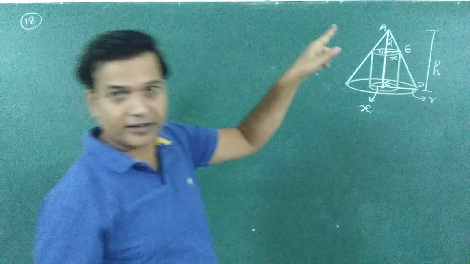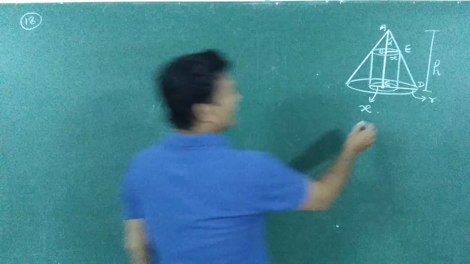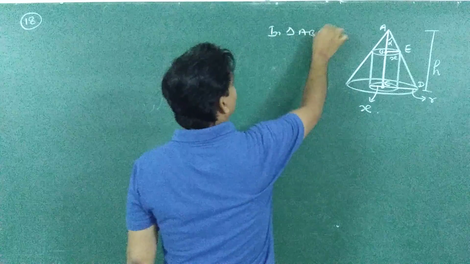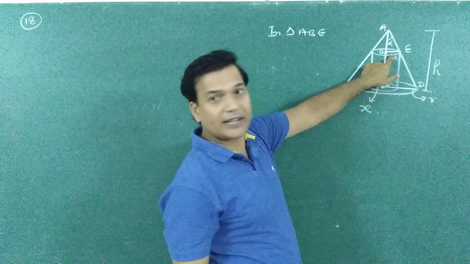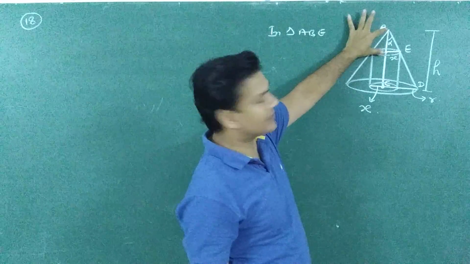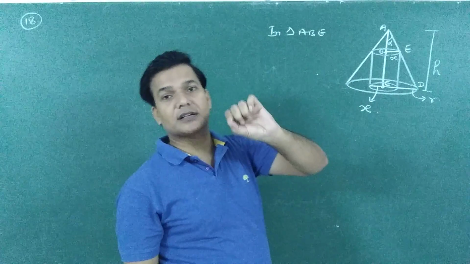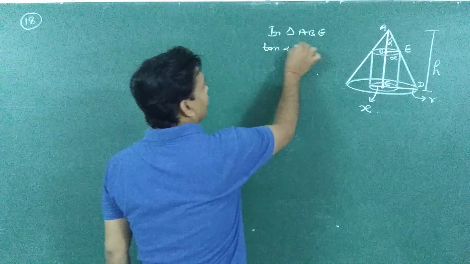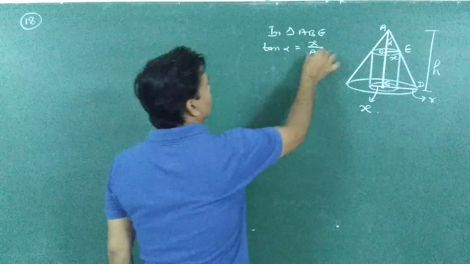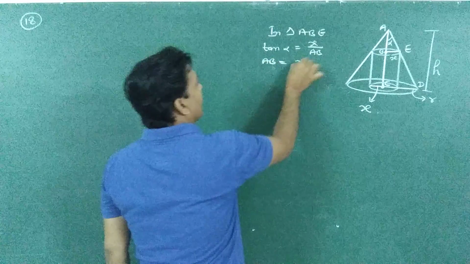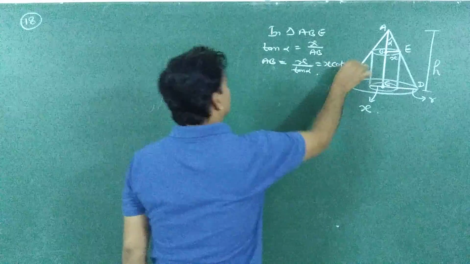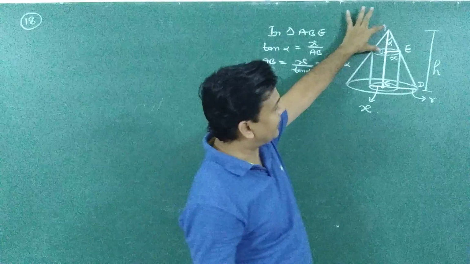To find the distance AB in triangle ABE, this is our perpendicular and this is our base. Perpendicular and base occur in tan. So applying tan alpha here, which means x upon AB. To get the value of AB, x upon tan alpha, which means x cot alpha. This is our height AB.